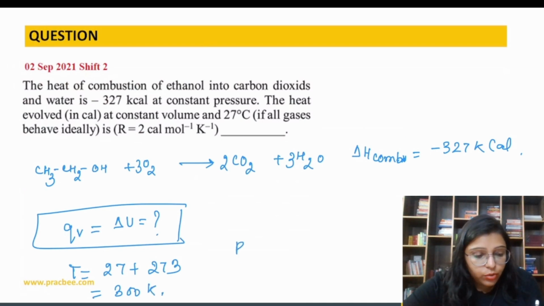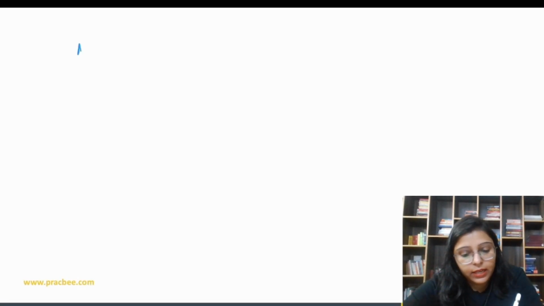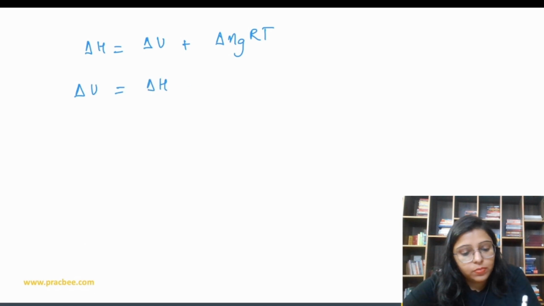And R value you have to take as 2 calorie per mole per Kelvin. We have this formula: delta H is equal to delta U plus delta NgRT, so internal energy change is delta H minus delta NgRT.